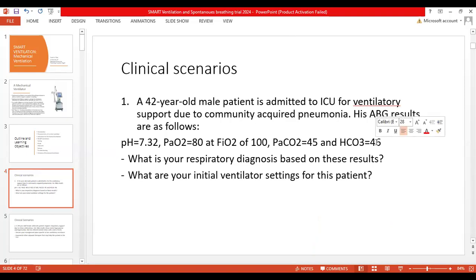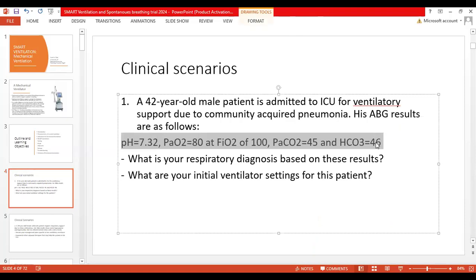Though the PCO2 is 45, ideally it's supposed to be between 35 and 45, but it's on the high value. So the FiO2 is still good at 100 as it is, but the respiratory rate should be increased. And probably the PEEP for this patient should be a little bit high so that it will make time for ventilation-perfusion matching, sir.